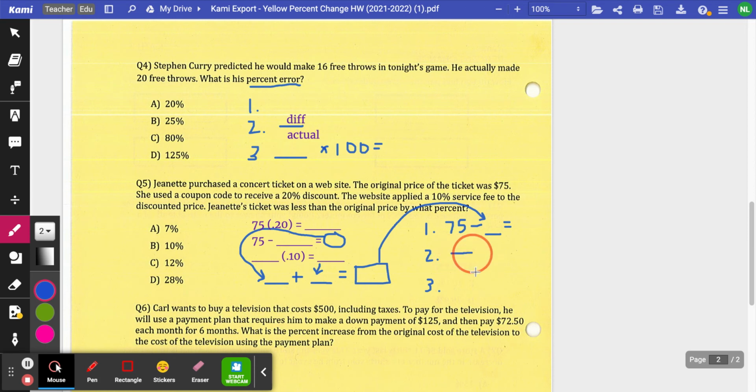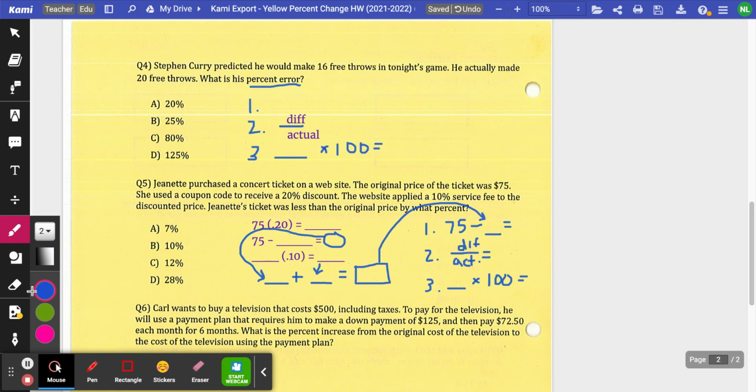And then you'll set up your ratio, which is the difference over the actual amount of the ticket. Equals. And then you'll multiply that number by 100 to get the percent. And that will finally give you your final answer.